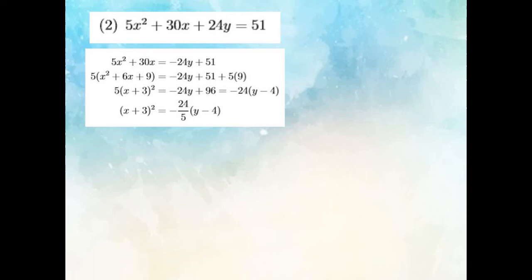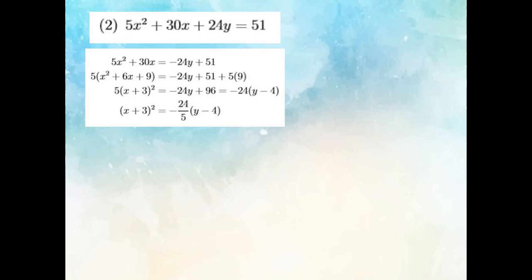which results to 5 times the quantity x squared plus 6x plus 9, which is equal to negative 24y plus 51 plus 5 times 9. That is equal to 5. So that is 5 times the quantity x plus 3 squared, which is equal to negative 24y plus 96.